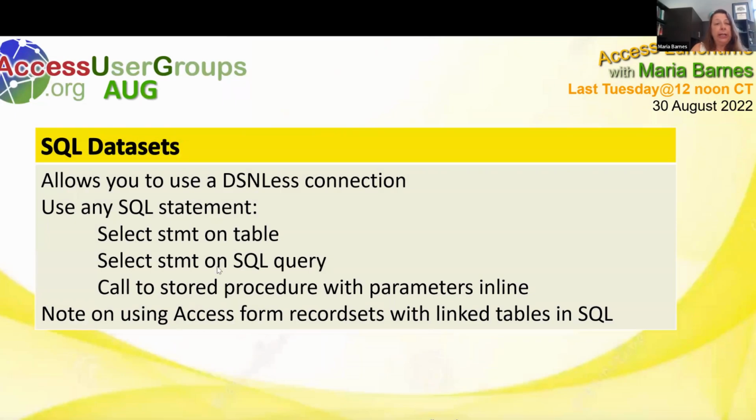So just for clarity, if you've got a record set object, you could do different types of things with it. You can do a select statement on a table. You can do a select statement on a SQL query, or you can actually call stored procedures with parameters that are inline.